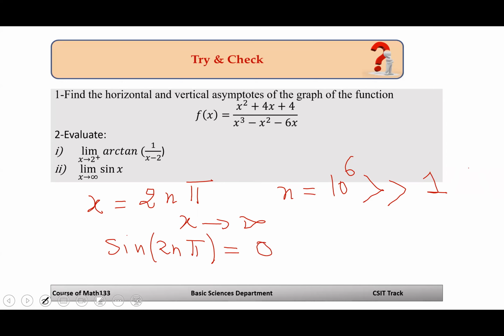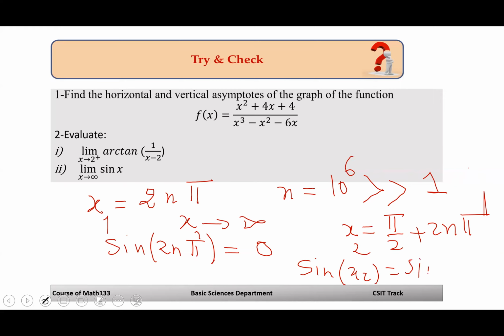And if I choose another x, which is also large, let's say x equal to pi over 2 plus 2n pi, let's call the first one x1 and this one x2. Sine of x2 is exactly, since sine is 2 pi periodic, sine of pi over 2, which is equal to 1.